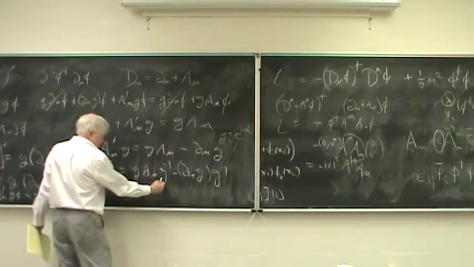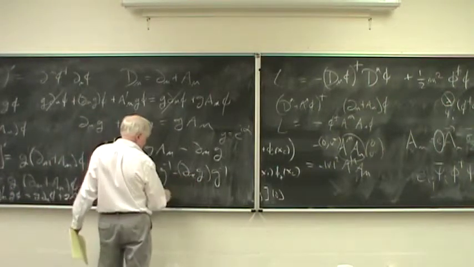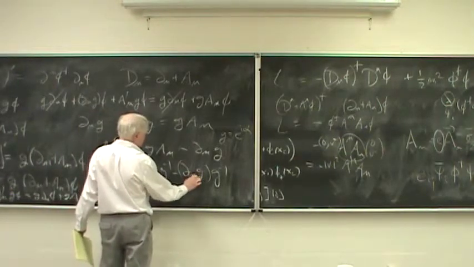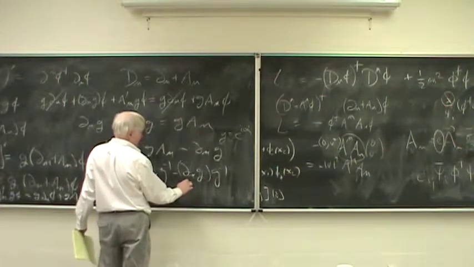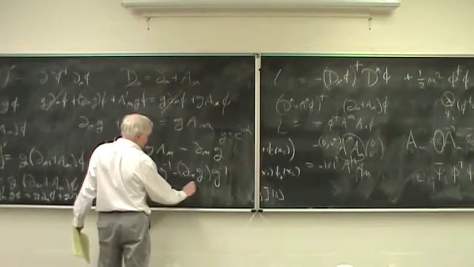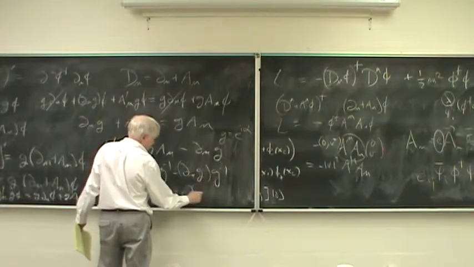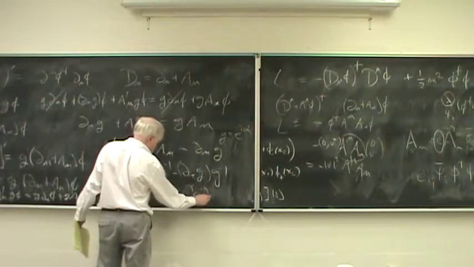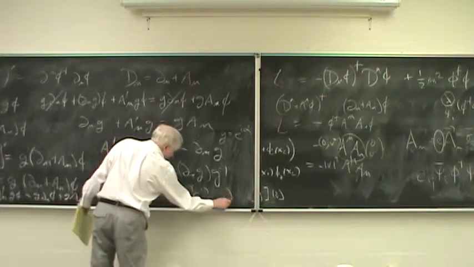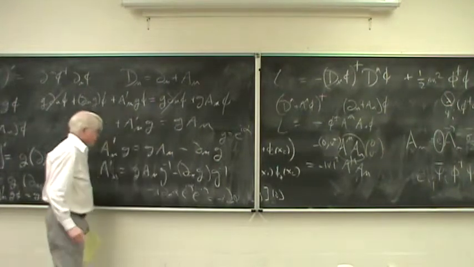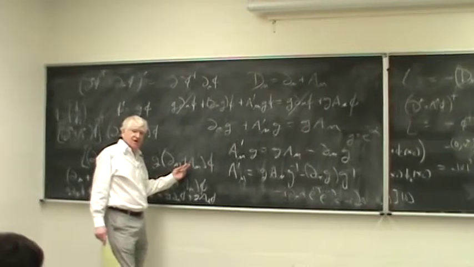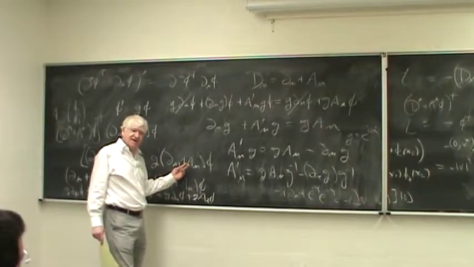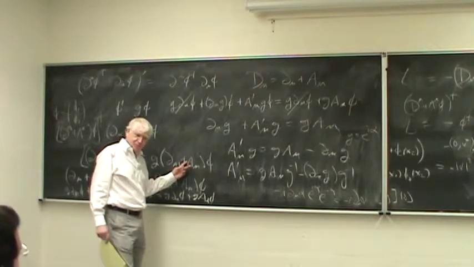Then, of course, A mu won't change, but over here you'll have minus d mu G. Well, this is i d mu alpha, and then you'll have e to the i alpha, G inverse, e to the minus i alpha. So altogether this is minus i d mu alpha. Now you'll say, where did the i come from? Well, I resisted the standard fetish of sticking in an i.